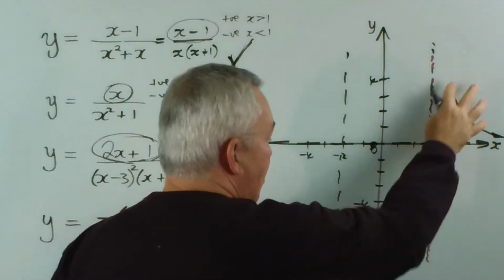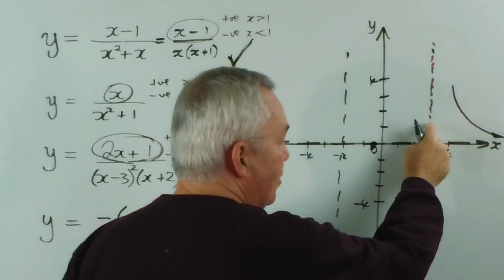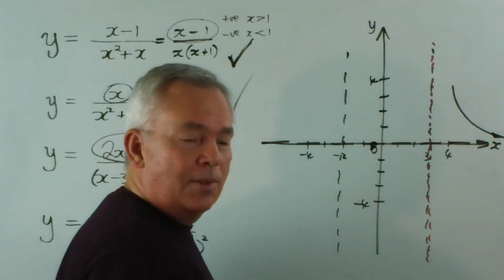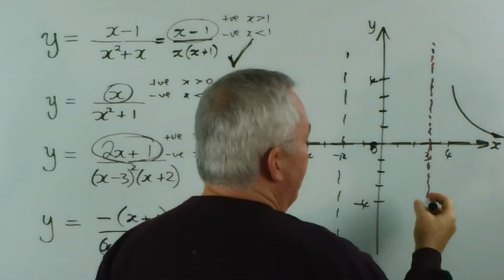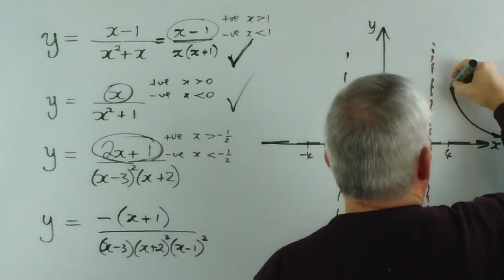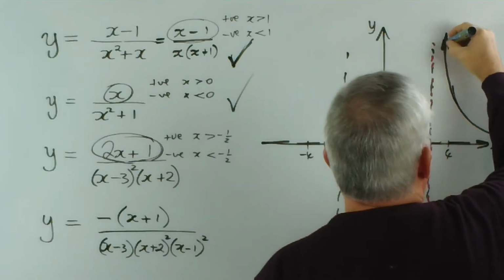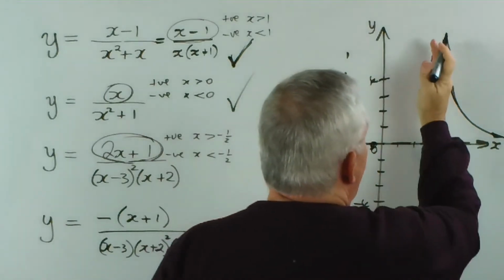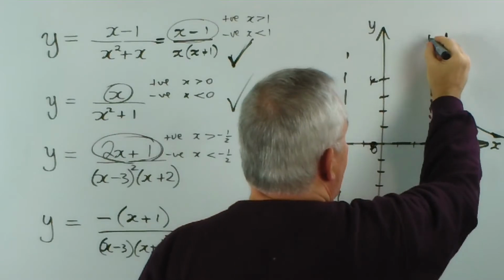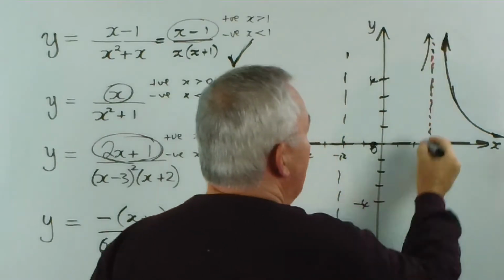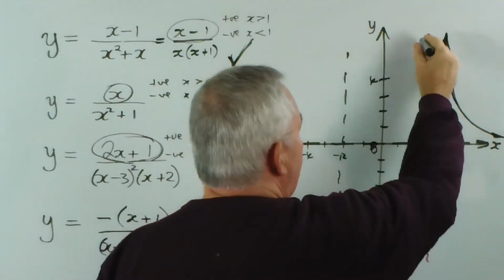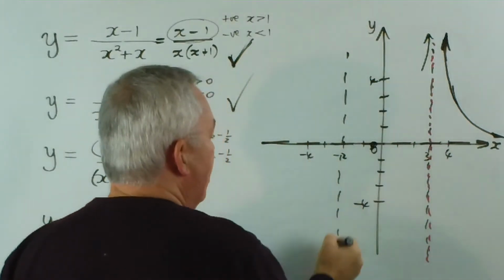Now, when I was doing this, I didn't take account of the fact we have a double asymptote. So this one will continue up here. And because this is a double asymptote, we expect this to continue down here. And normally it would be in here, and then the last bit would be there.